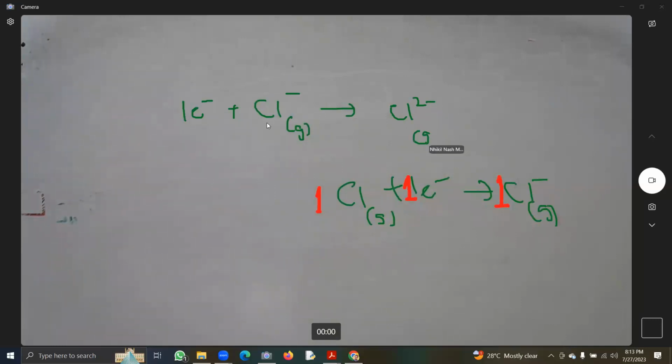It's imaginary, but this is possible. Now this is fluorine, second electron affinity. So this is enthalpy change when 1 mole of gaseous -1 ion gains 1 mole of electron forming 1 mole of gaseous 2 minus ions. Write the equations and write the definitions.